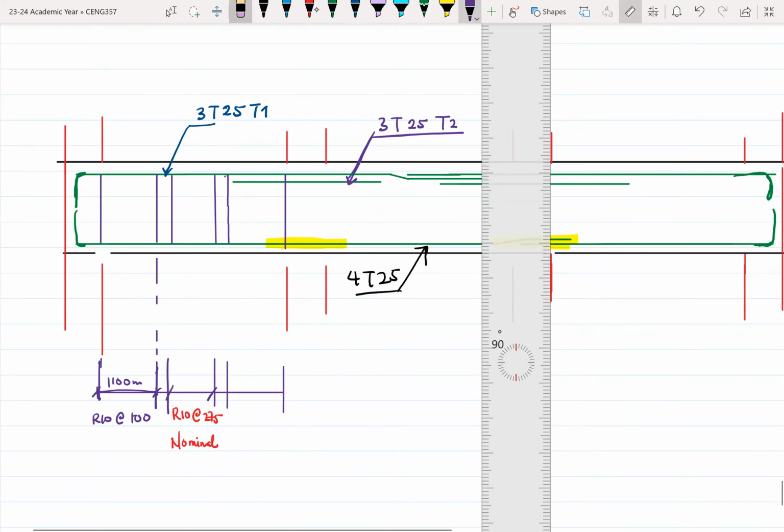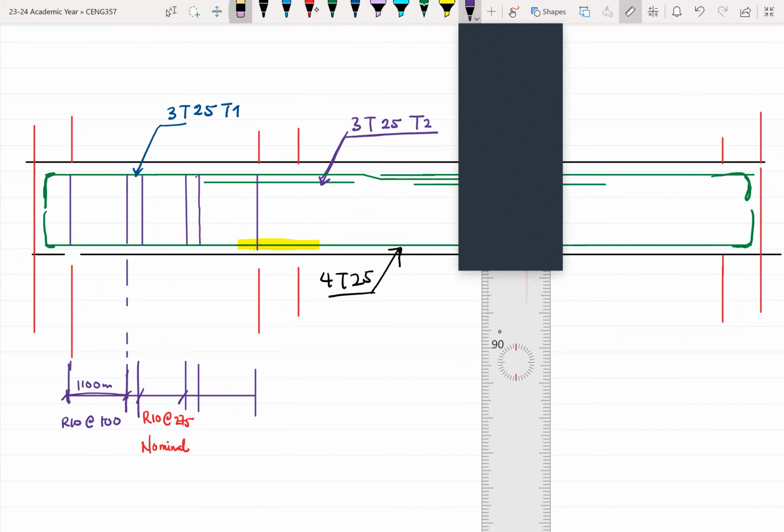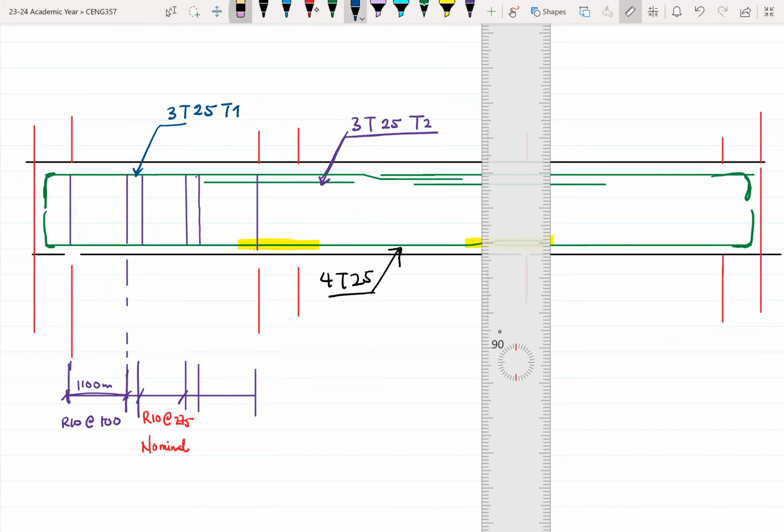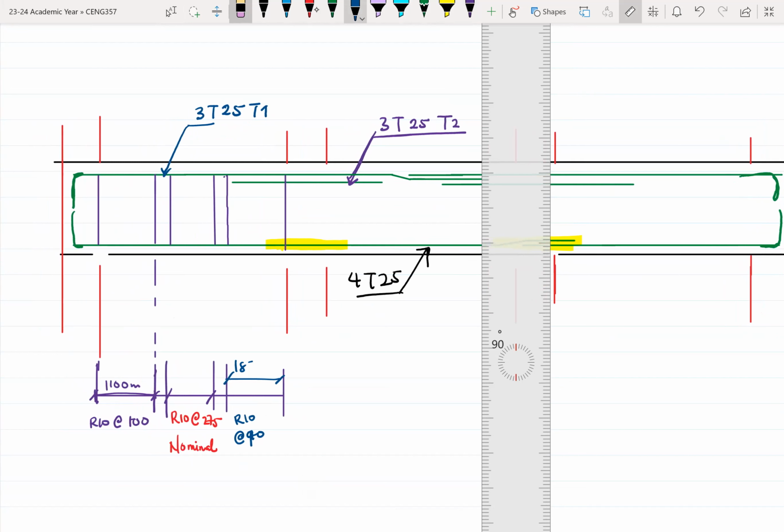Yeah, R10 and 90. All right. There's so many things that can go into this, but let's leave it as is now. So this is R10 and 90. Okay. And this spacing here, or this distance over here, is likely to be the 1850 millimeters. Okay.